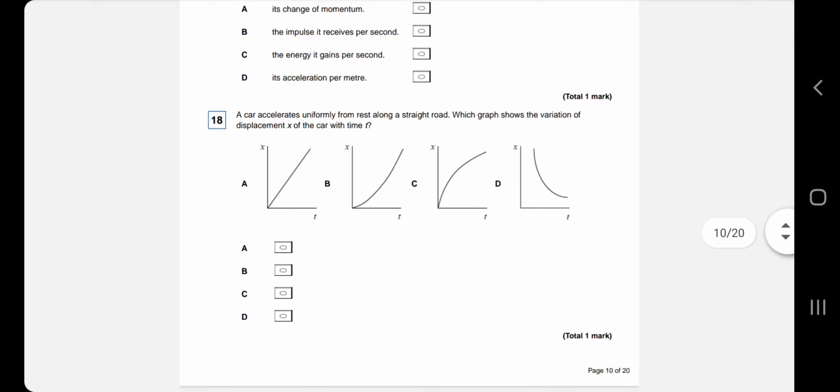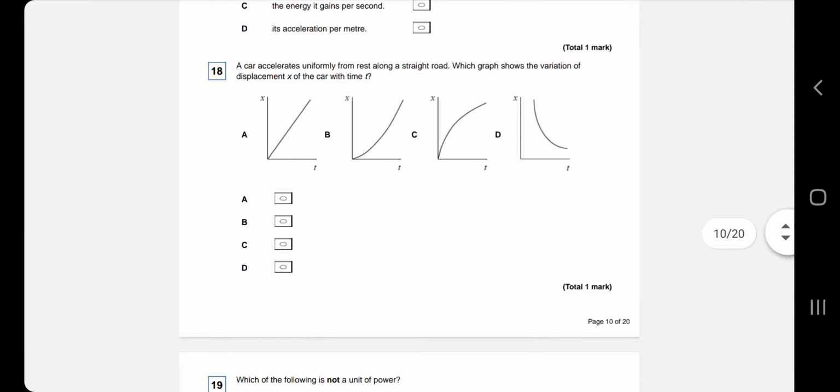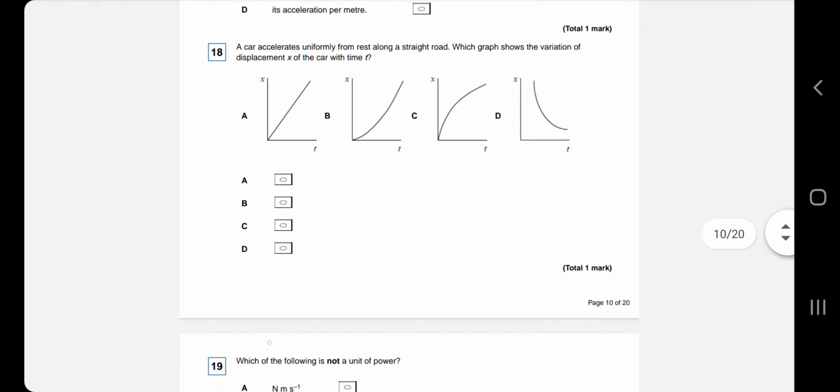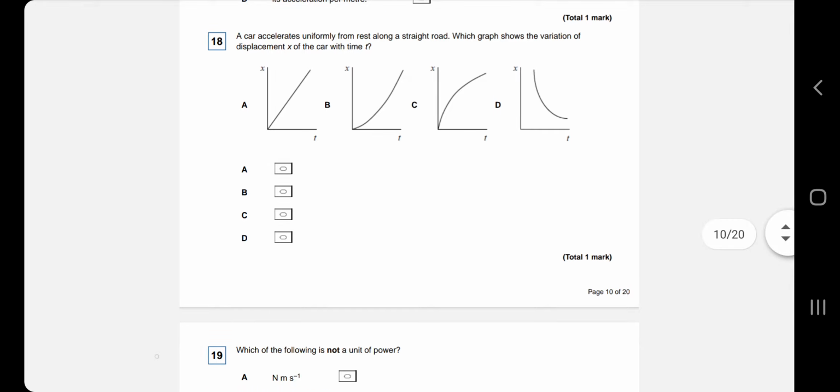Let's look at question 18 next. A car accelerates uniformly from rest along a straight road. Which graph shows the variation of displacement x of the car with time t? So the displacement of the car. Now the equation on your data sheet would be s equals ut plus a half at squared.